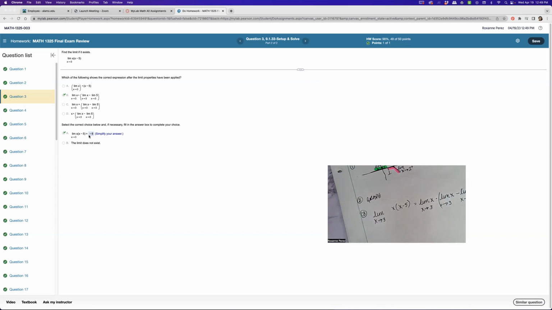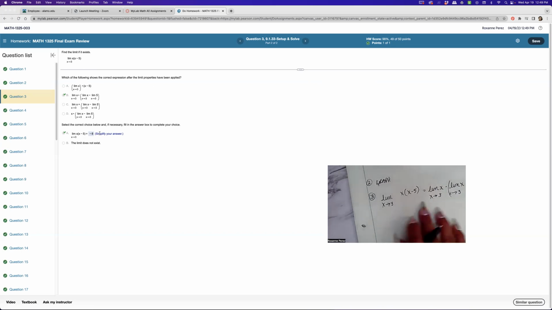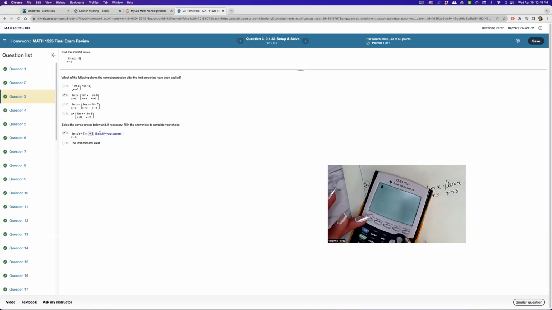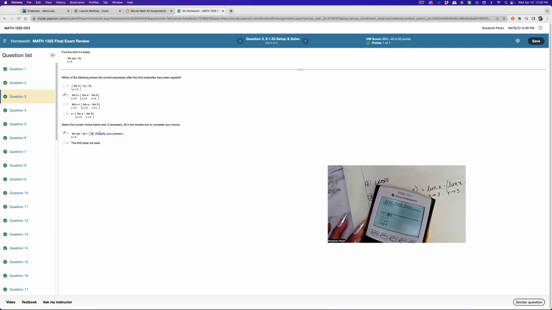And then part B, we're simply evaluating this function as the limit approaches 3. And again, if we wanted to graph this, we can just plug that into our y equals, so x times x minus 5, graph that.